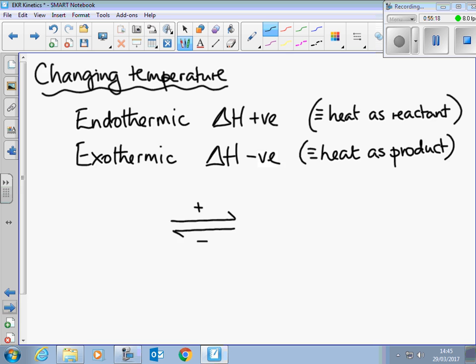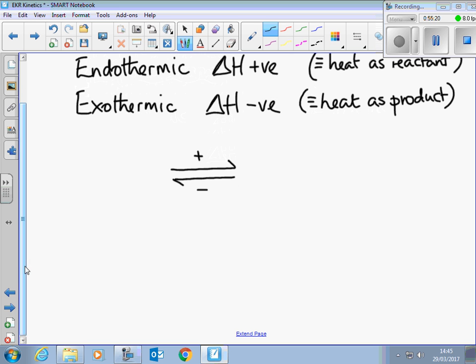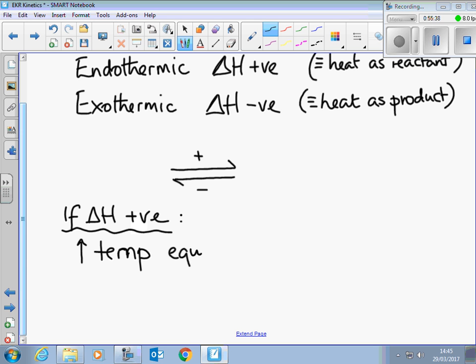All right. So if your delta H is positive, your endothermic one, and you increase the temperature, equilibrium moves towards the products of that reaction.